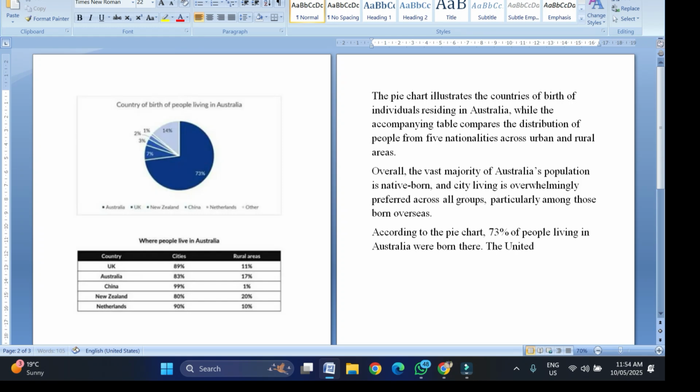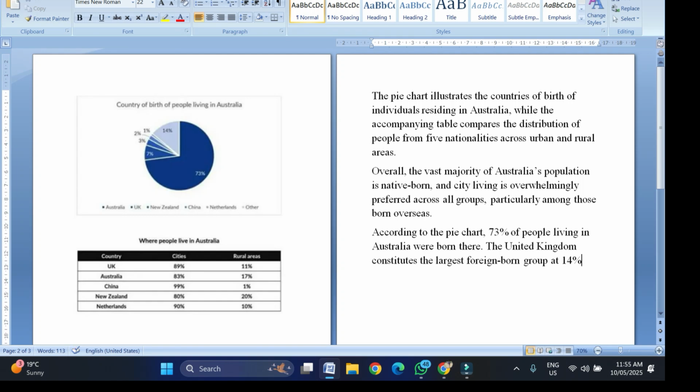The United Kingdom constitutes the largest foreign-born group at 14%.